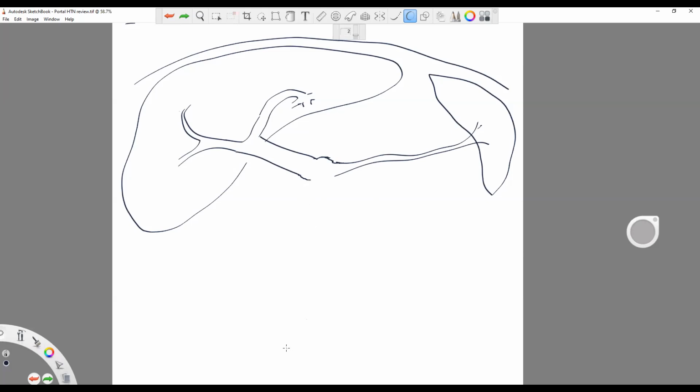Actually, I'm going to draw from the bottom up. Okay. So here is our superior mesenteric vein, main portal vein.